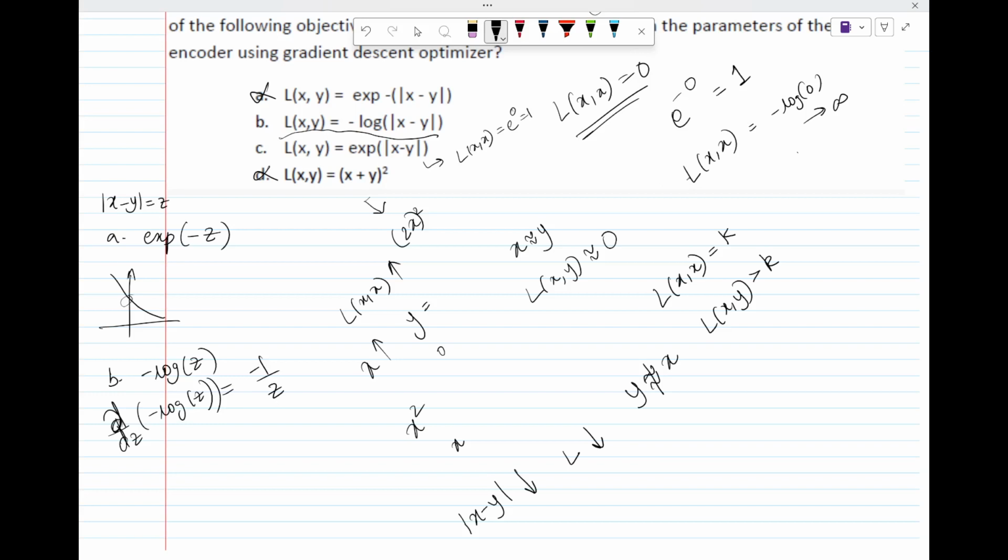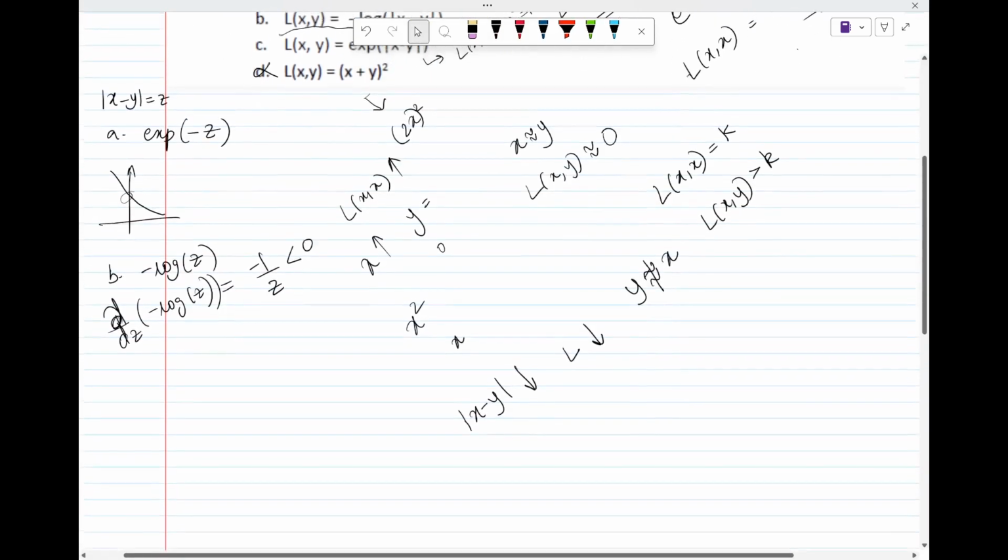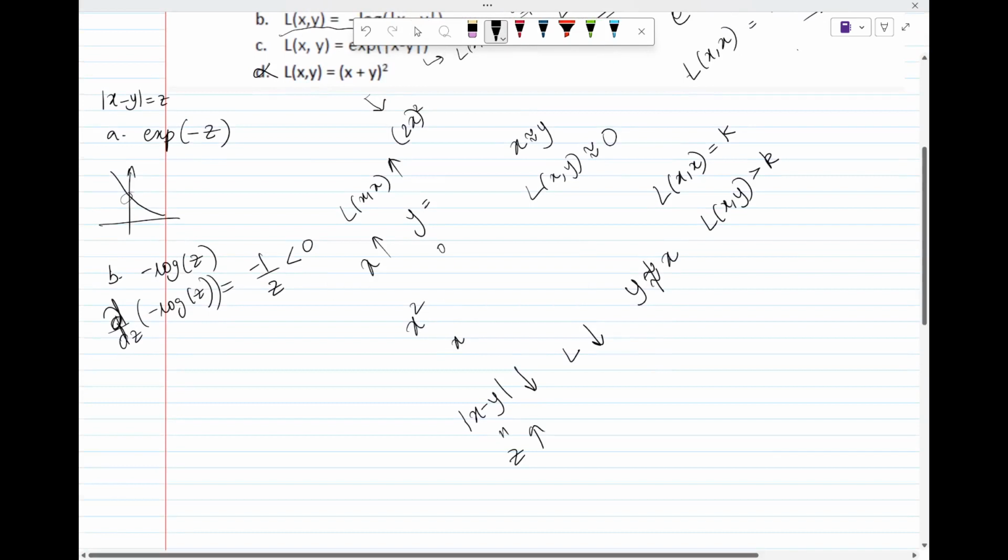So when z is increasing, my function is decreasing. Okay, this is less than 0. So my function is decreasing. What I want is an increasing function. When z increases, this is my z, and z is increasing, L should increase. And the other way also.